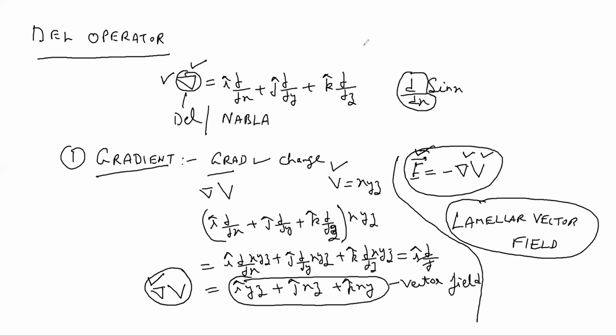Okay, so the next one is divergence. The second operation is divergence. Now, what is divergence? Divergence is when del operates on a vector field, for example, we have a vector field A, and there is a dot product in between these two.